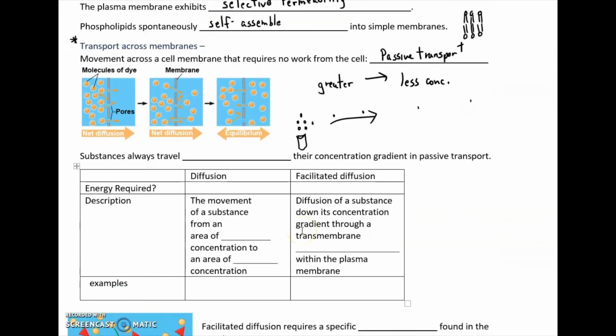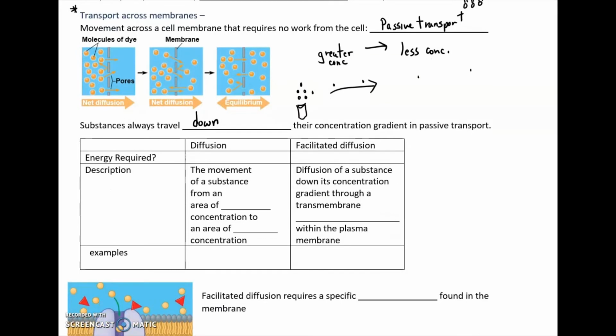Substances always travel down their concentration gradient in passive transport. So they're always going to go from a greater concentration to a lesser concentration. So, simple diffusion. In simple diffusion, no energy is required.